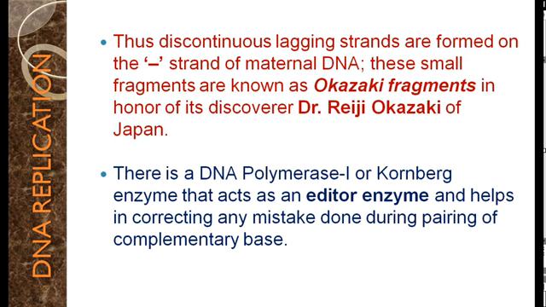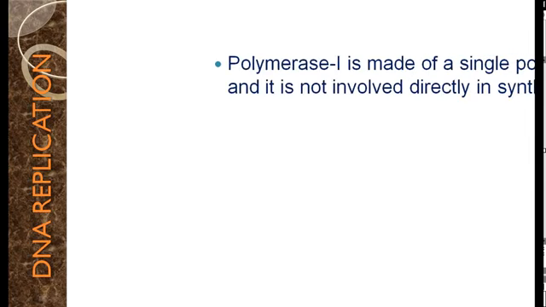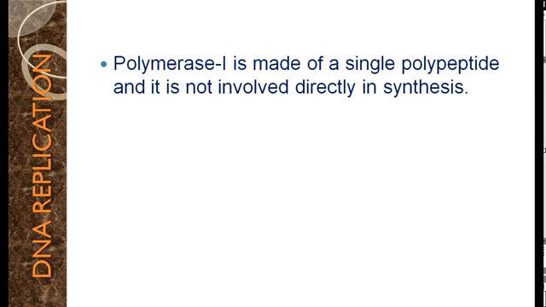Now the role of polymerase 1, or Kornberg enzyme, comes. It serves as a proofreading enzyme and helps in correcting any mistake made during pairing of the complementary bases. So one, two or three molecules of polymerase 1 become attached following polymerase 3 on both the strands.